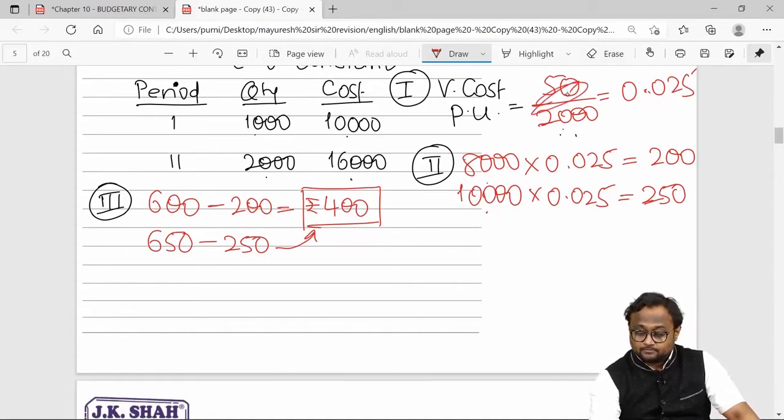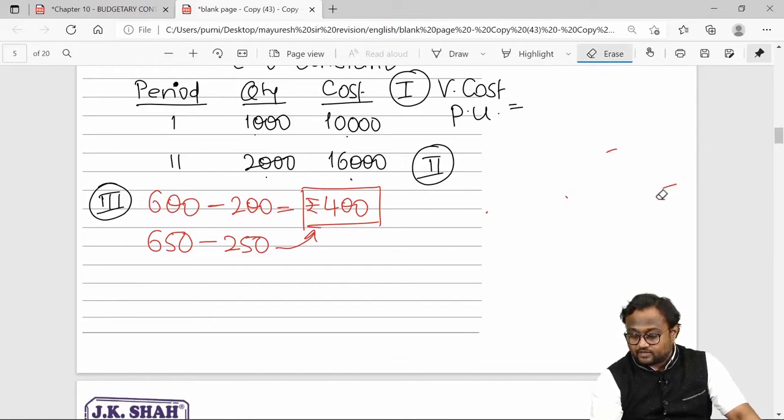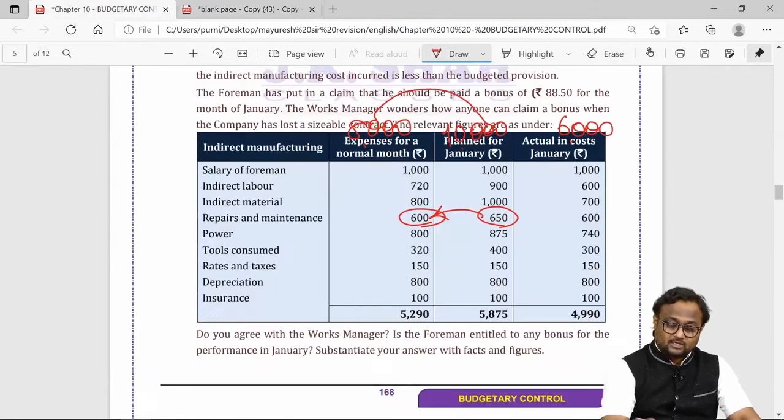This was for repairs. Same thing you have to do for power, and you get 0.0375 as power cost, which is variable, and you also get the fixed cost. That's it.